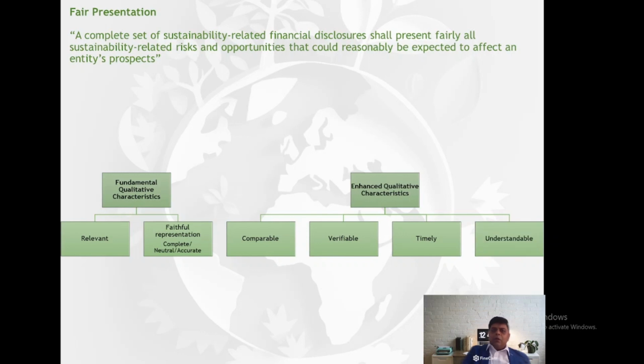So if all these elements are there, relevant and faithful representation, which are part of the fundamental qualitative characteristics, and comparable, verifiable, timely, and understandable, which are part of the enhanced qualitative characteristics, we can say that information is fairly presented.